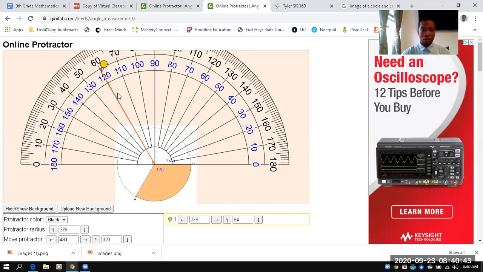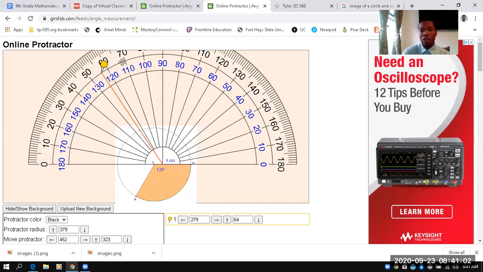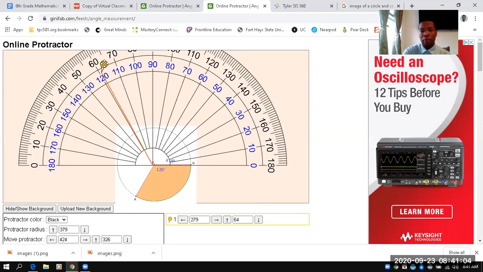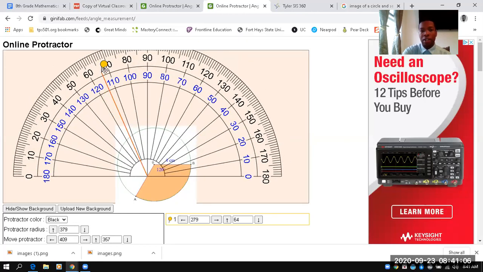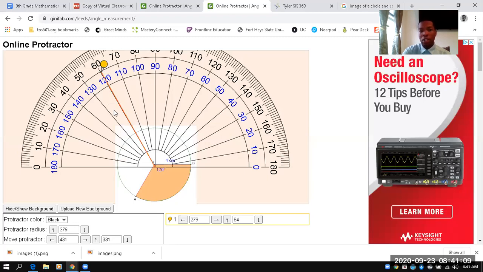So my angle is from here all the way around. If you realize that this angle that I'm showing you is the same as this one, and I use the black line. It all depends on which one you want to use. Really, I just got to ensure that my lines match up. This red line is the one that I move, and then I ensure that my baseline is with it.